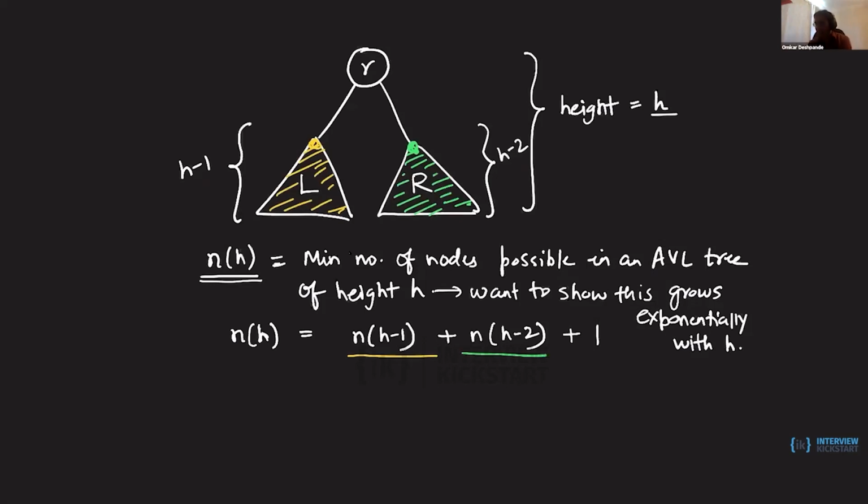What I can do is take one of those two subtrees, let's say the right subtree, and prune it down by removing all the leaf nodes to make it height h-2. By doing that, I would be preserving the AVL tree property everywhere, and I would have an AVL tree that is smaller in the number of nodes, showing that the tree that originally was given to me was not the smallest AVL tree with that height.